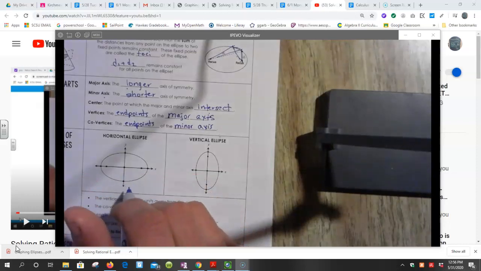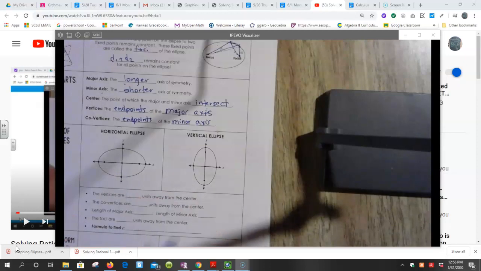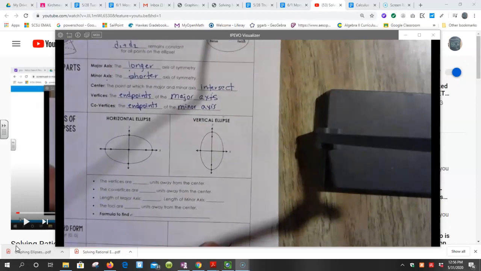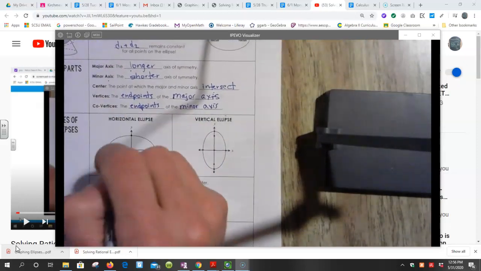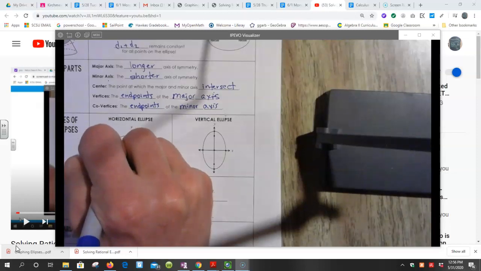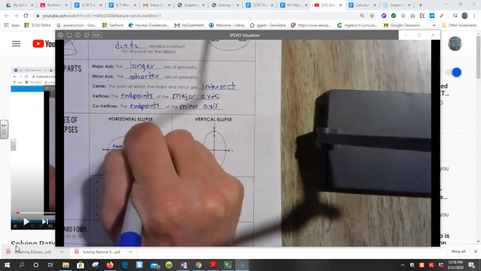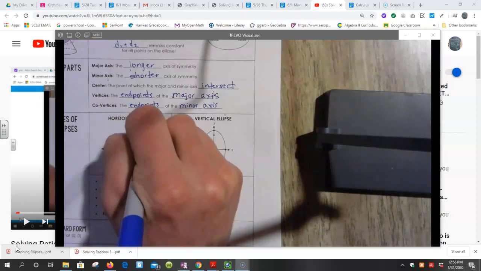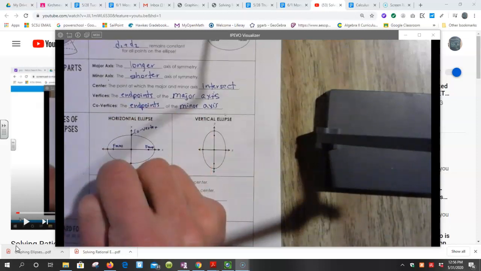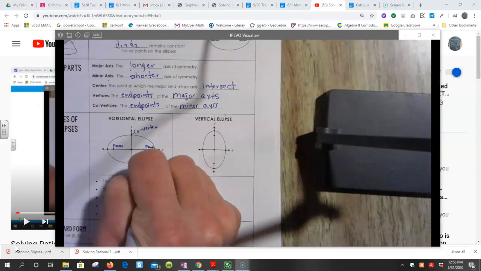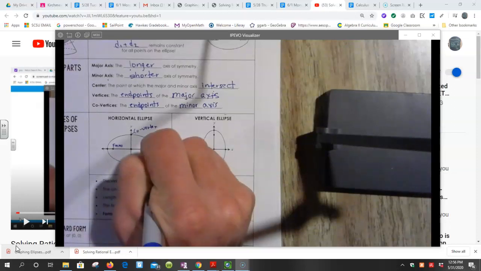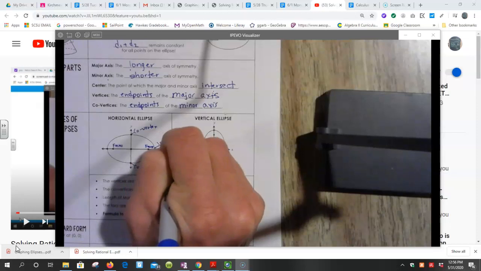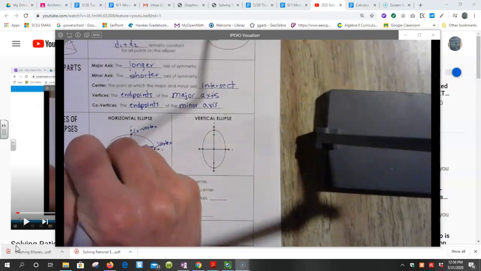Endpoints are called vertices, or co-vertices for the shorter one. All right, so that's the focus. This is the co-vertex. That's the vertex. And that's the vertex.